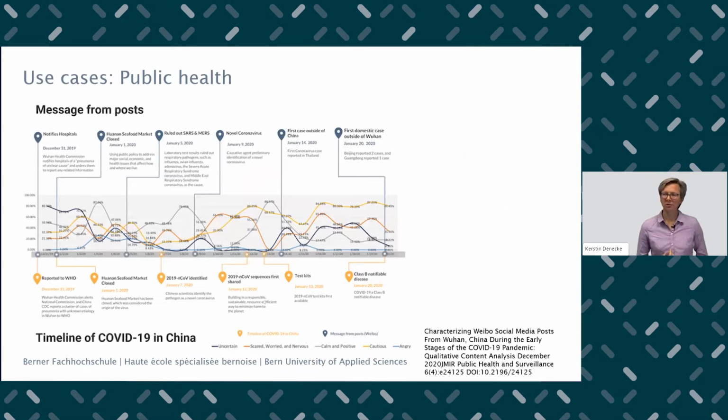Second group of use cases I chose is related to public health. We can also connect to the previous presentation. We learned in the previous presentation that social media can be good for running vaccination campaigns. And with applying sentiment analysis to social media posts, we can actually learn more about what their thoughts are about the vaccination, what their thoughts are about some public health topic, like here in the example, it's about COVID-19 and the sentiment of people related to this pandemic.